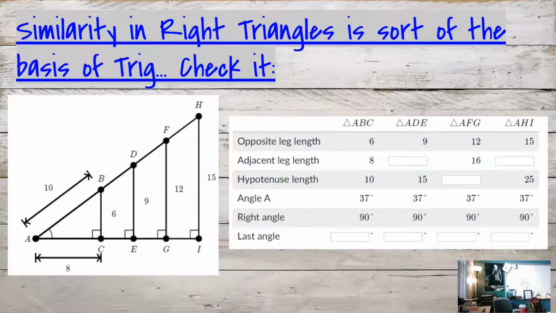3, 4, 5. So what we can think back to is, oh yeah, we actually had another triangle that had 3, 4, and 5. I'm reading my table backwards.